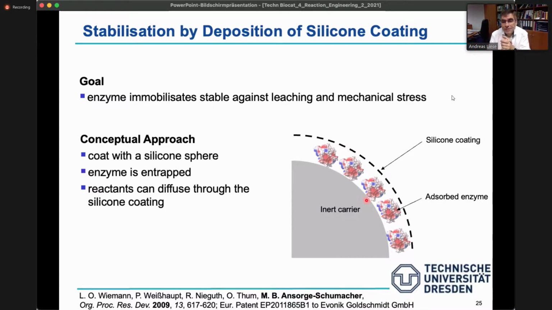And this has two functions. For one, it retains the proteins from desorption by the silicon net. On the other hand, the surface gets a bit softer, and that prevents the carriers from breaking so easily.